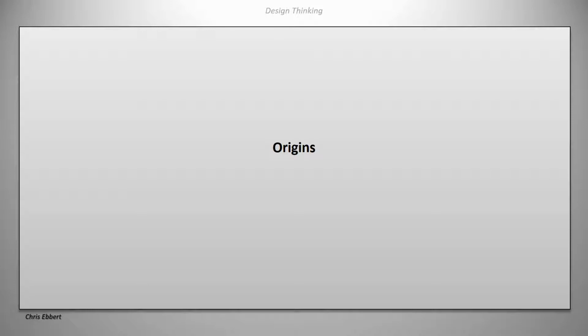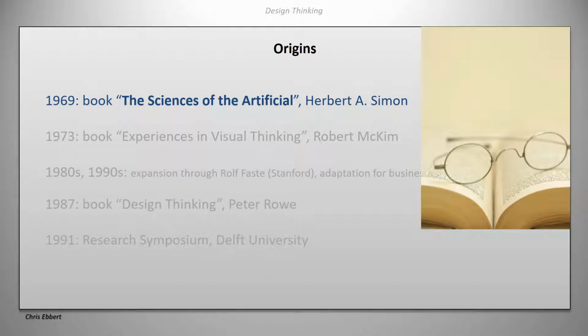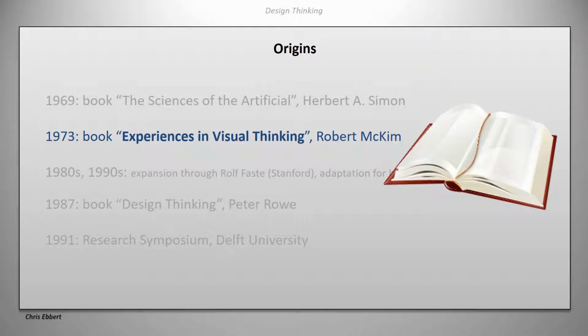Before we delve into it, let's see where it all began. It hasn't been around for a very long time as an art in its own right. There was a book in 1969, a book in 1973. Then that was added to in the 80s and 90s.